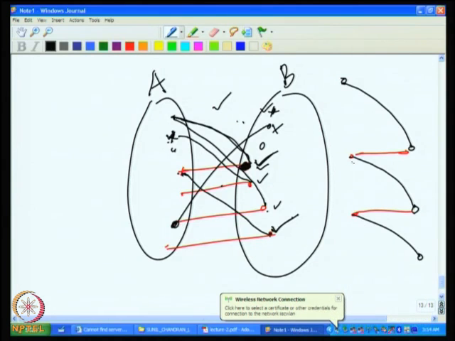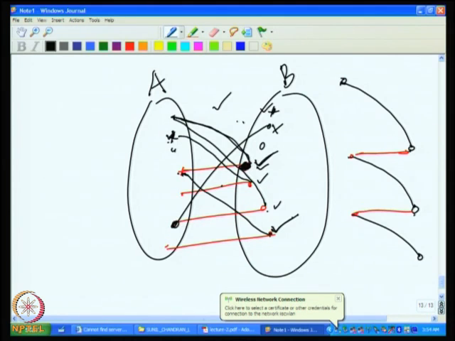This kind of path is called an alternating path. By definition, we start from the A side, and first it is an unmatched edge, then a matched edge, then an unmatched edge, then a matching edge, unmatched edge, like that.